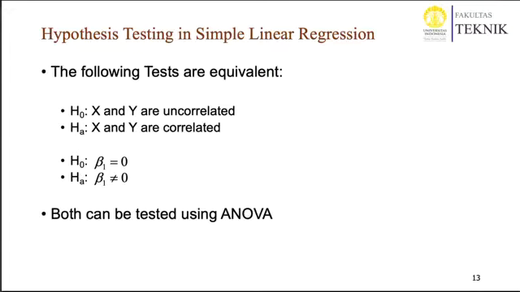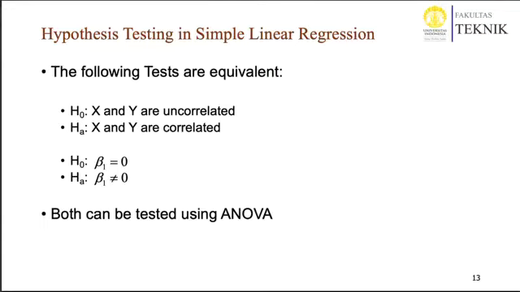For the null hypothesis, x and y are uncorrelated. For the alternate hypothesis, x and y are correlated. So for the null hypothesis, we can say beta 1 equals 0, and for the alternate, beta 1 is not equal to 0, and this can be tested using ANOVA.